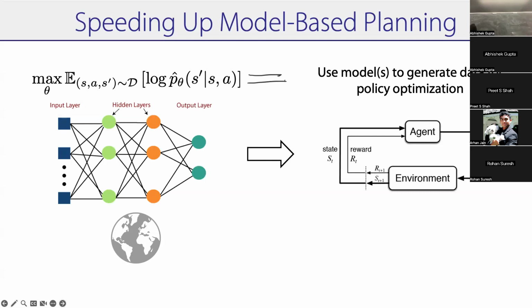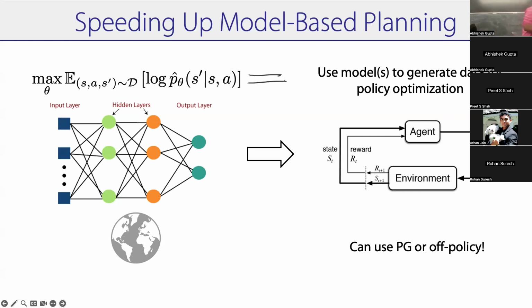So you're planning by hallucinating trajectories from your dynamics model. The whole point here is that the hallucination is going to give you data efficiency, but the policy is going to give you real-time execution.